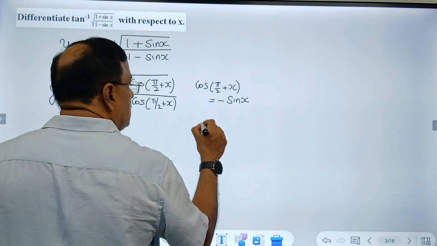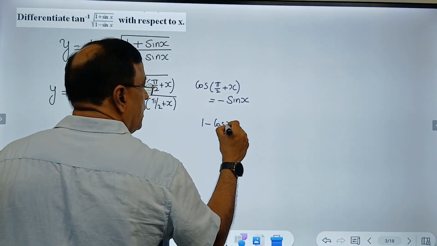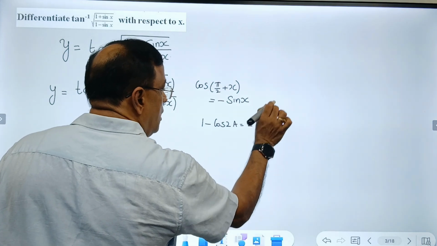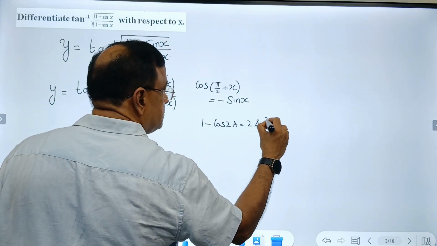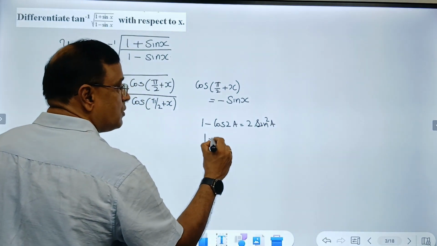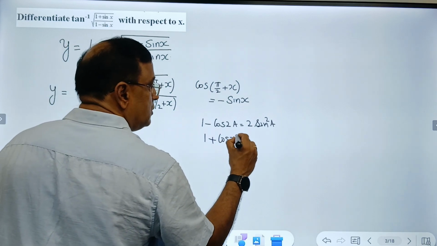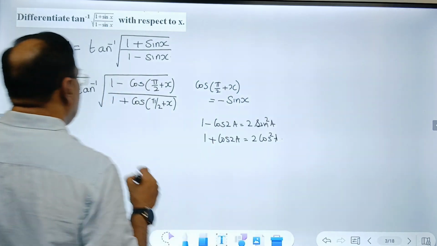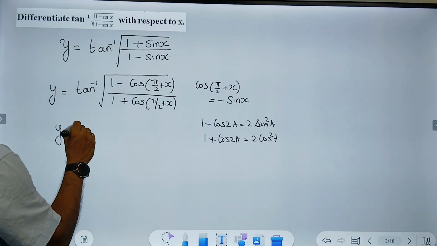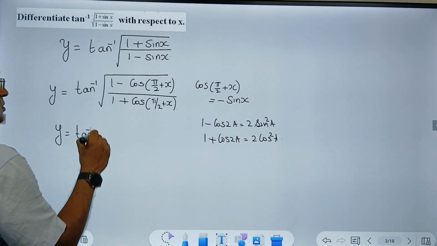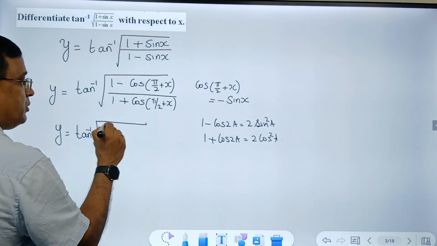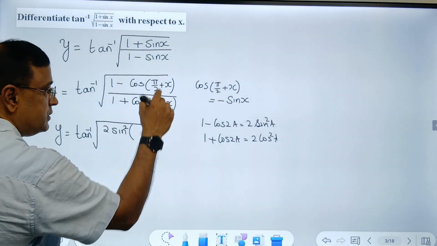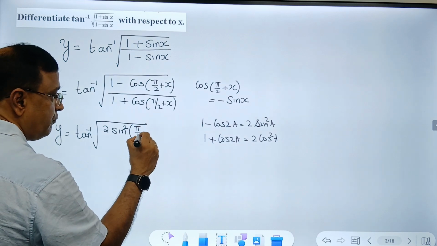You also know that 1 minus cos 2a, the formula is 2 sin square a. And 1 plus cos 2a, the formula is 2 cos square a. I'm going to use these formulas. So this becomes tan inverse of, can I say the numerator is 2 sin square, half of this, that is pi by 4 plus x by 2.